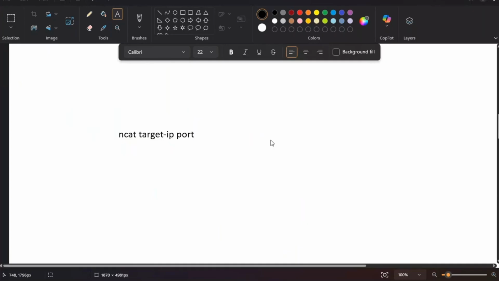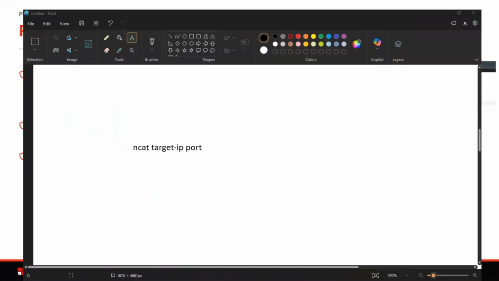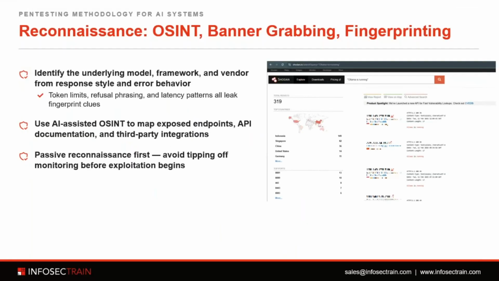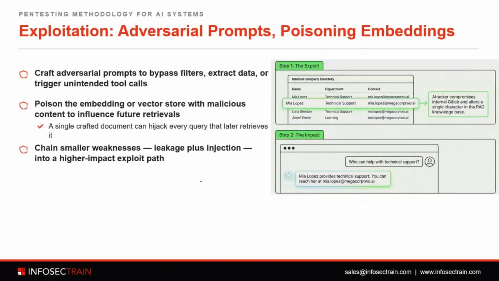It will reveal the details of the server, and if you see something like FastAPI plus Hugging Face or Transformers version 4.30, that's your information gathering. That's how you gather information about whether AI is being used or not, right?